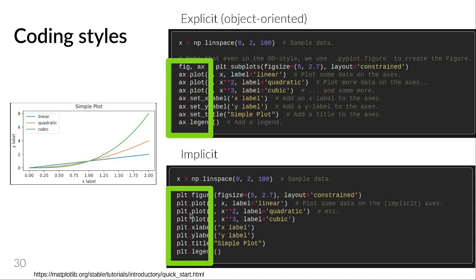In the implicit style, they continue to call the pyplot sublibrary, which then they adjust implicitly. So behind the scenes, the pyplot library is keeping track of which objects should be changed by these commands, whereas in the explicit version, you're interacting directly with them.